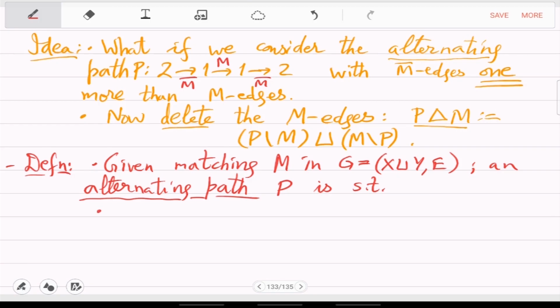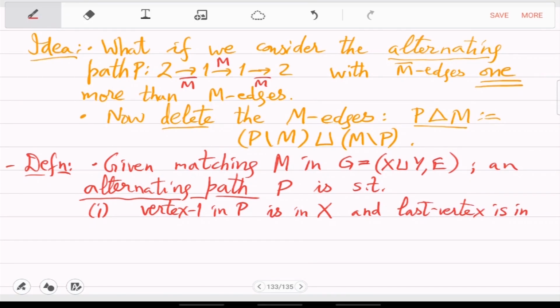So the first property, by the bipartite graph, is that the first vertex in P we assume to be in X, and the last vertex we assume to be in Y. And both of them are not matched.